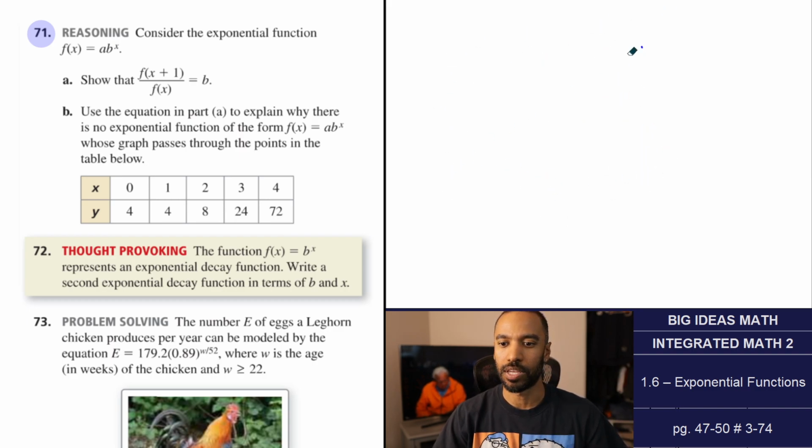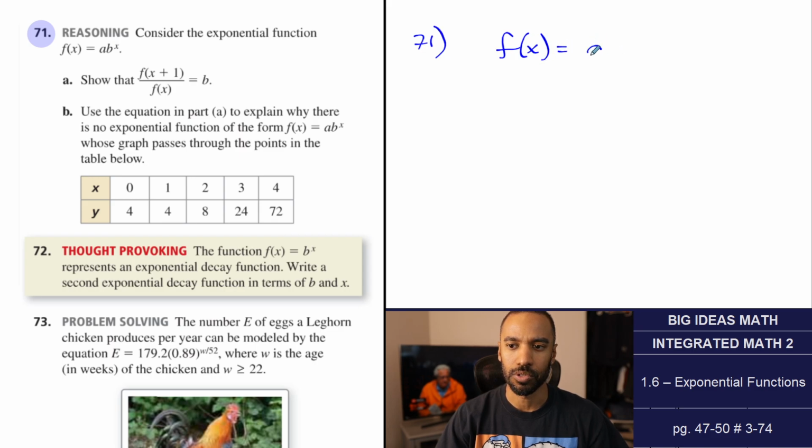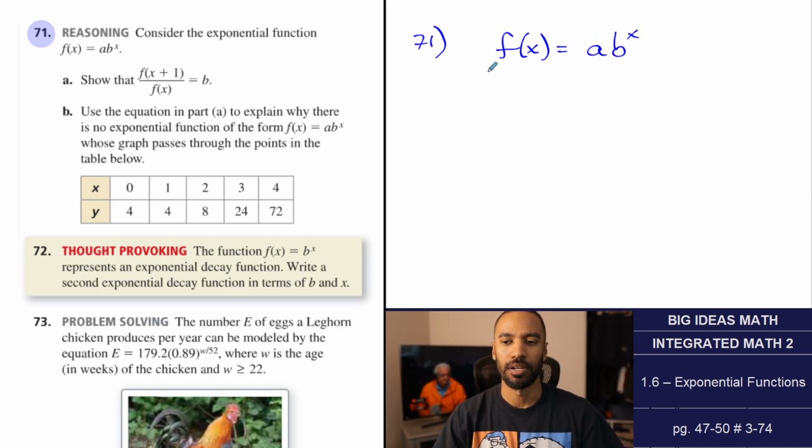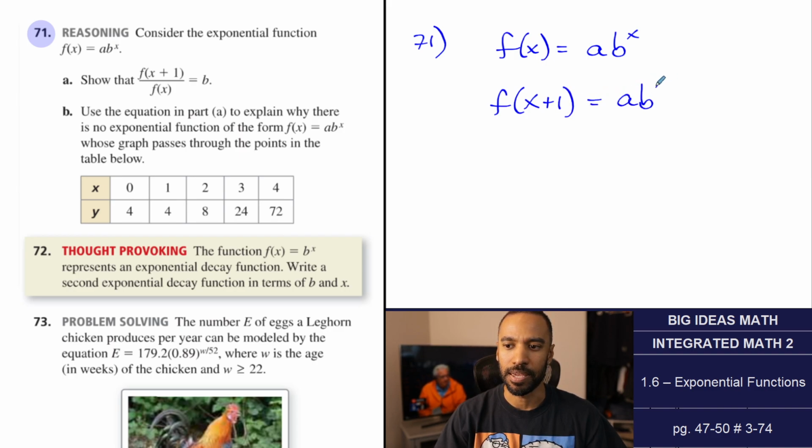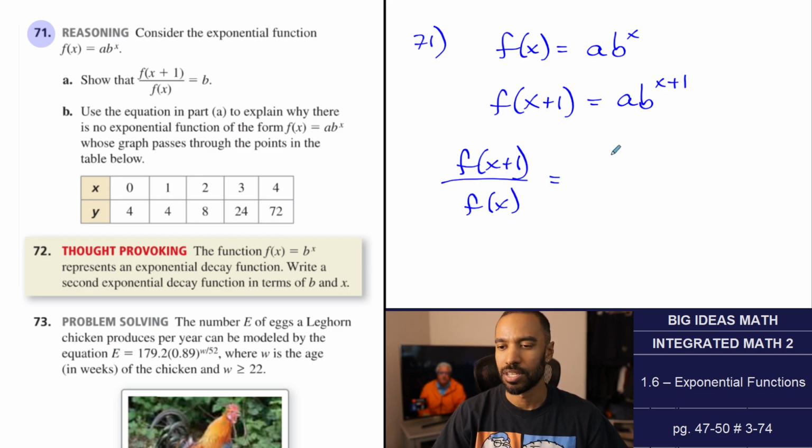Even if you didn't know that, we can still do that algebraically. So 71, we have f of x equals a b to the x power. Let's figure out what f of x plus 1 is. That is a b to the x plus 1 power. So f of x plus 1 over f of x is a b to the x plus 1 over a b to the x.